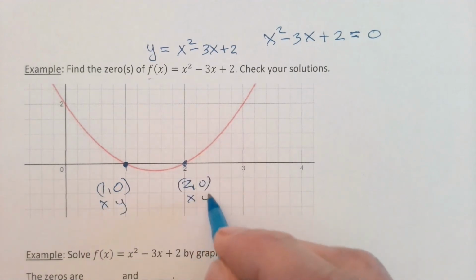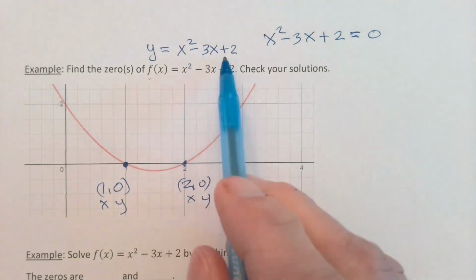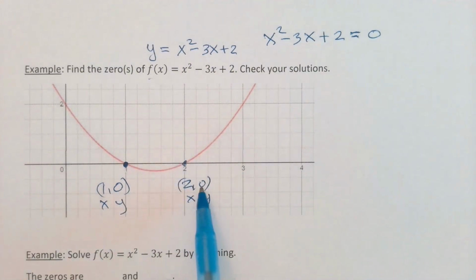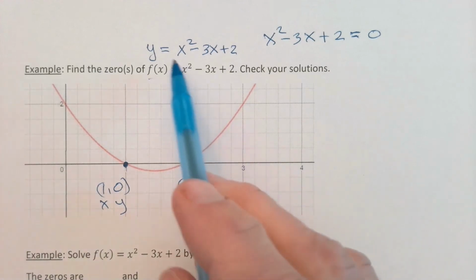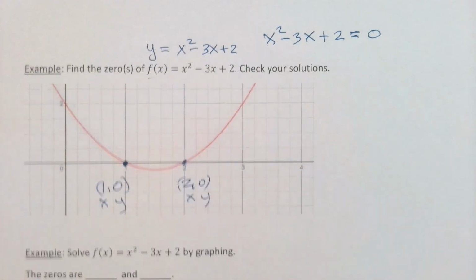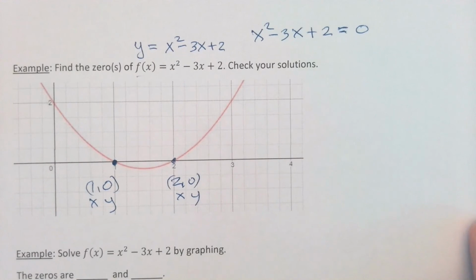Now, because those x's, 1 and 2 respectively, plugged into here generate 0 for y, those two x's, 1 and 2, are called the zeros of this equation. Okay? It's the same thing, isn't it? It's just different packaging.